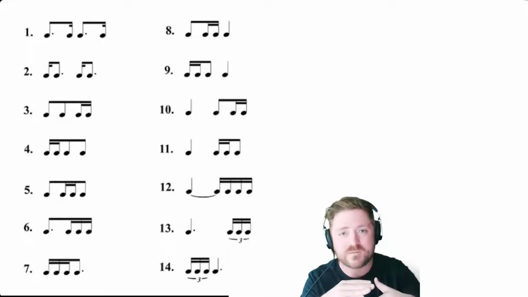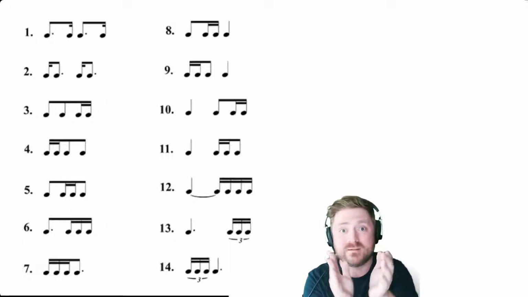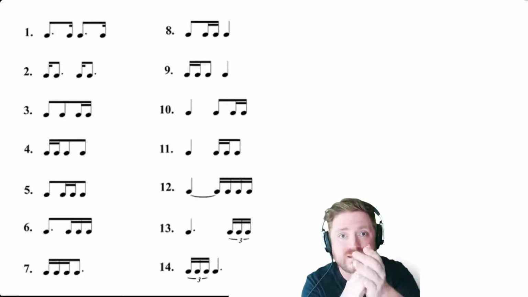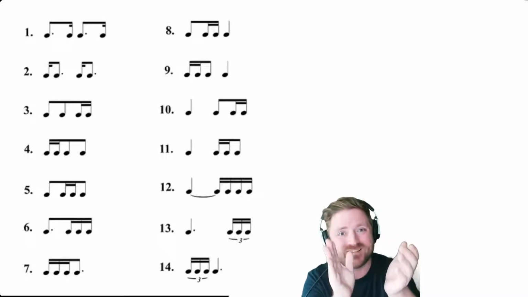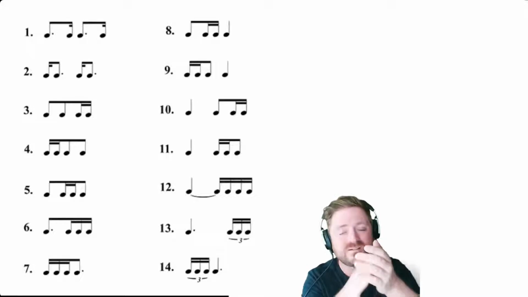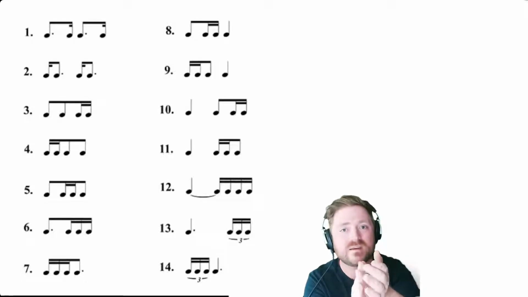Now we're going to turn that upside down or back to front. Ready? And really important during that long note to feel the subdivisions.